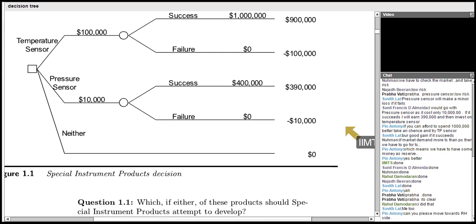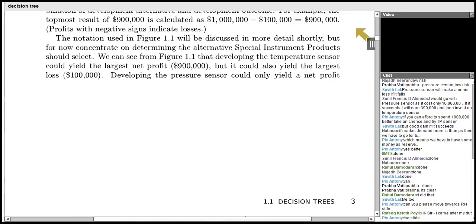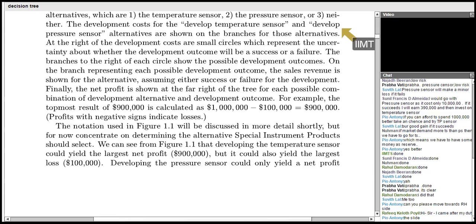Okay, let's go now to the analysis. Now, the tree-like diagram in this figure is, yeah, we're going to have the slide later on, Pio. Well, it's not a slide anyway. I'm going to forward the information to everyone.